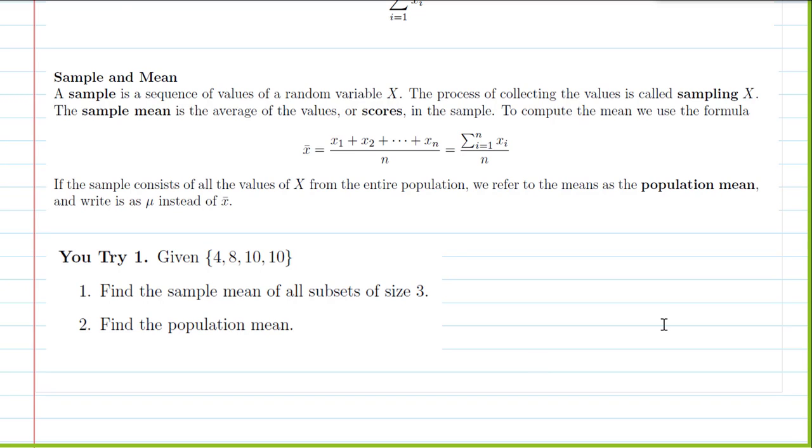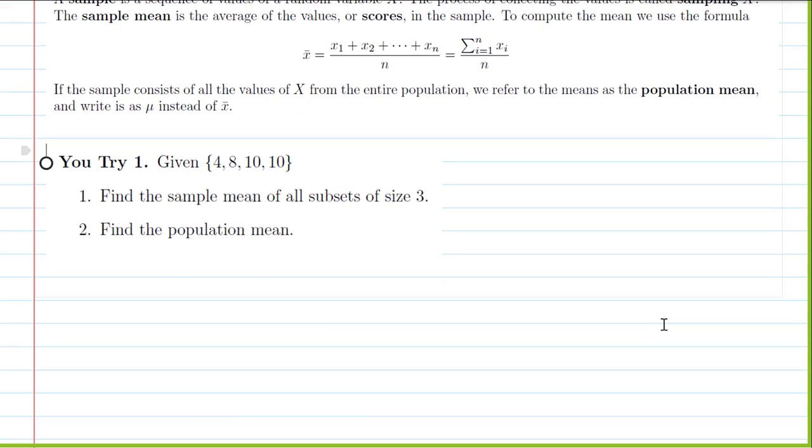So just to clear up a little bit what we're talking about in question number 1, what would be all of the samples of, or subsets of size 3? Well, that would just be all of the ways we can choose 4 objects 3 at a time.